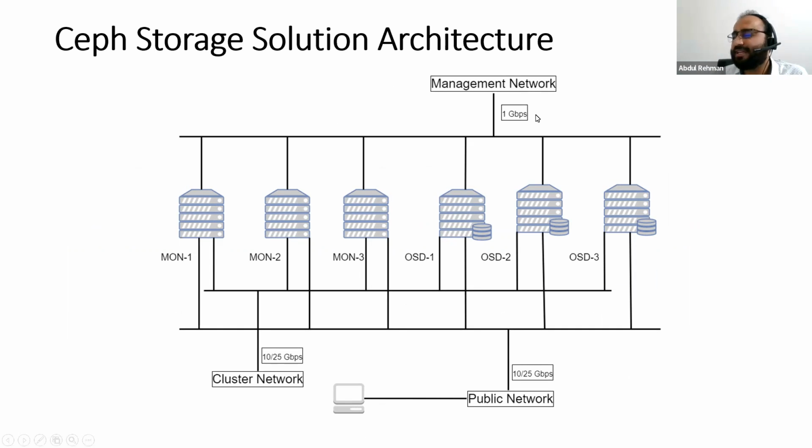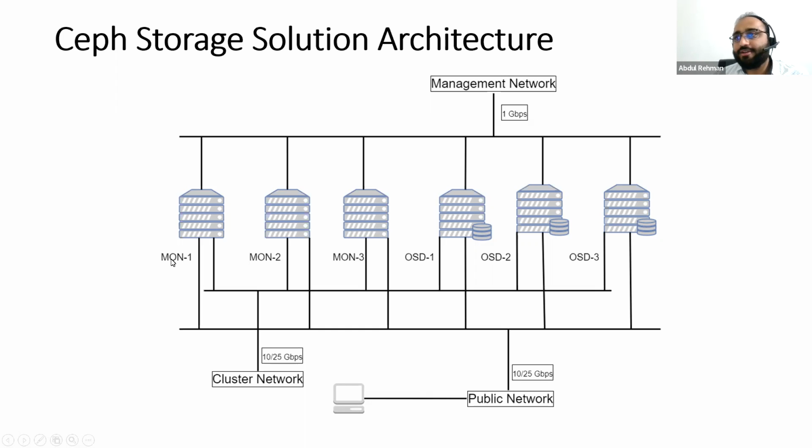So we have a management network. This is the high-level architecture of a Ceph production cluster. We can have Mon servers and OSD servers, and here Mon and MGR can run on a single server. It is not a requirement to run Mon and MGR separately; we can, but it's not mandatory.